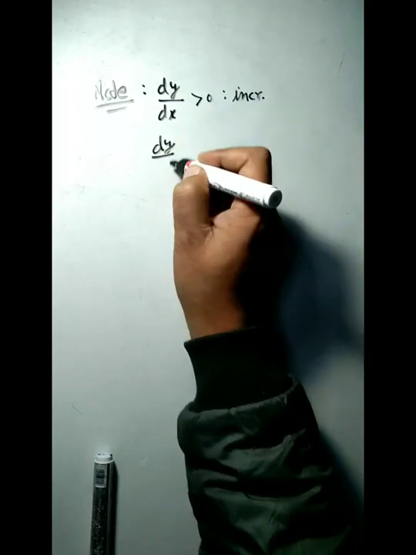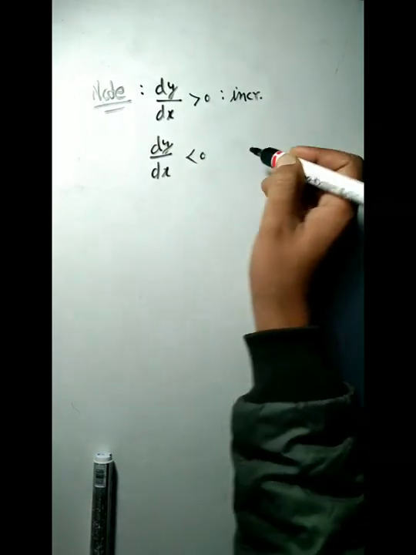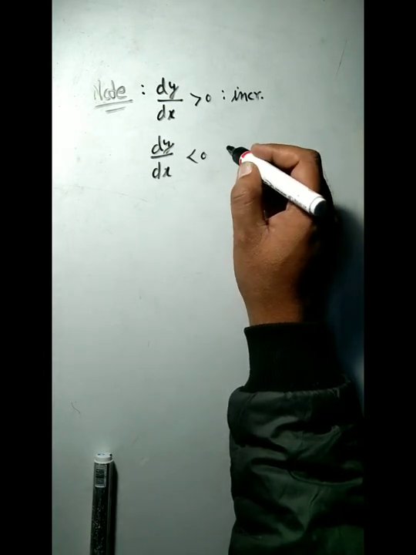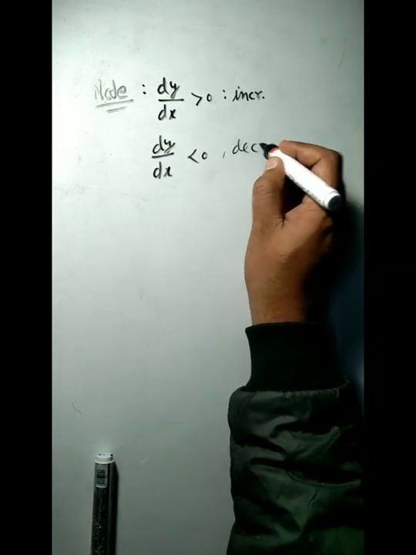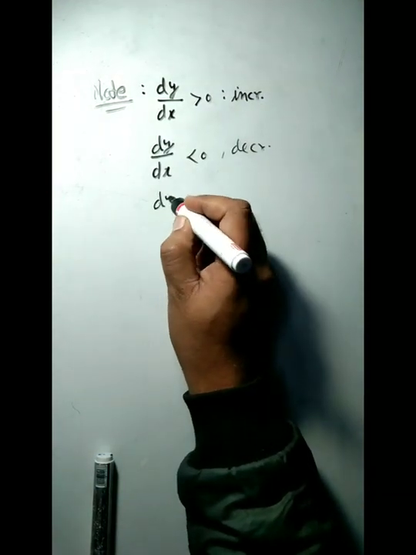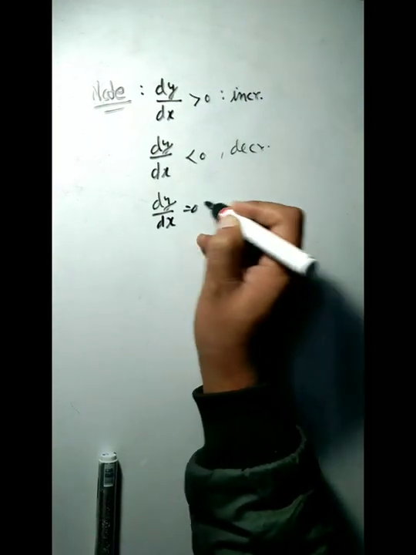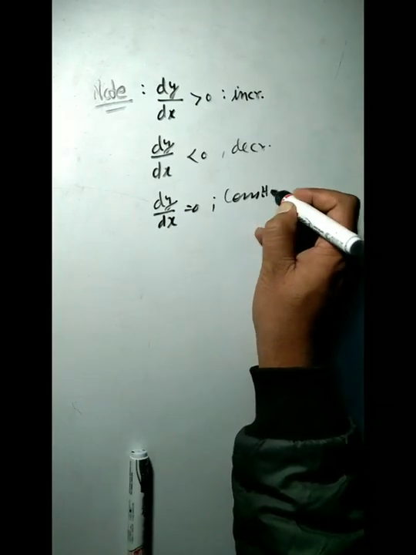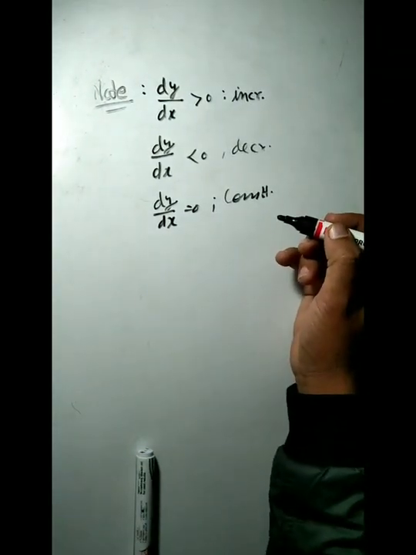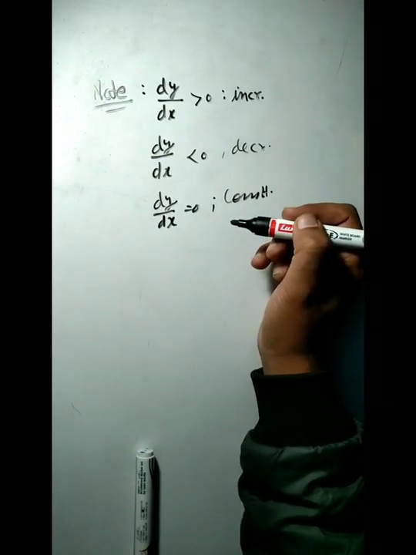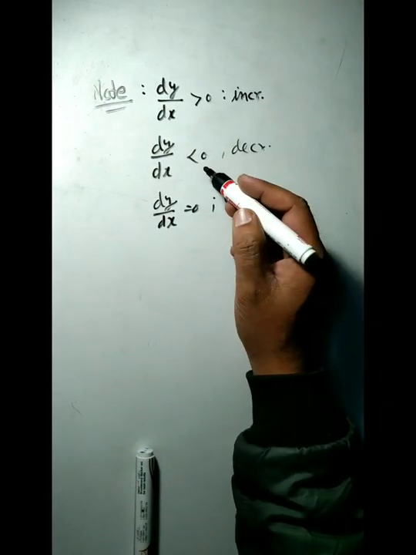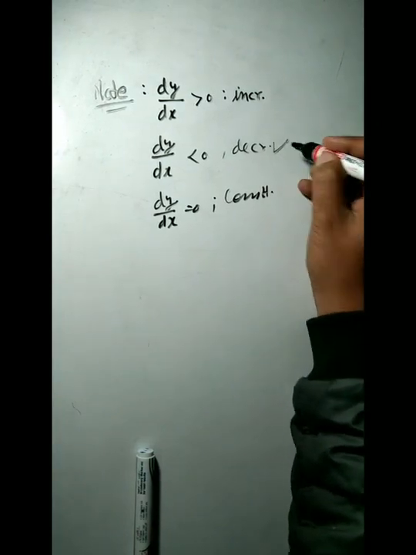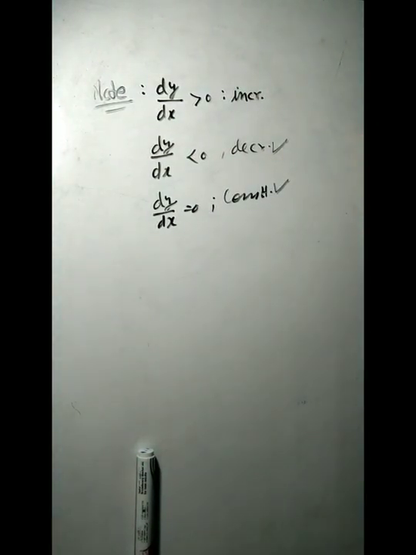Dy dx is less than 0, slope is less than 0, function is decreasing. And dy dx equals 0, function is constant. So graphically, by the tangent slope, we can check whether the function is increasing. In this case it is constant.